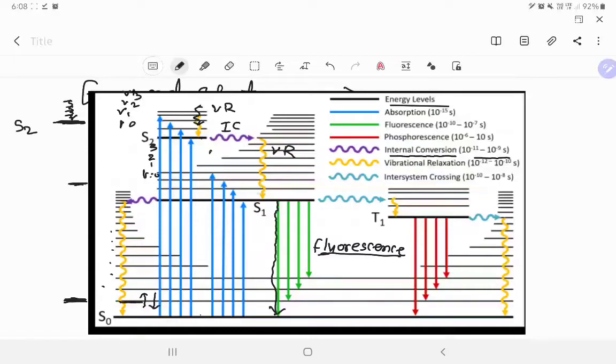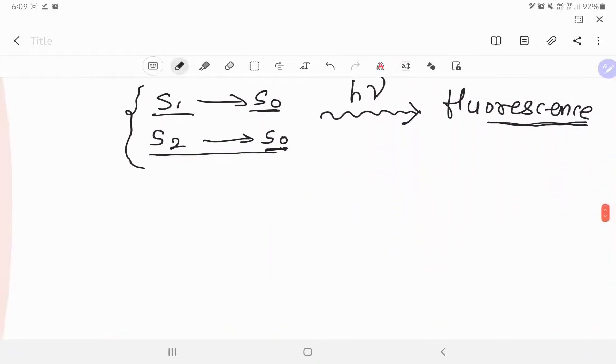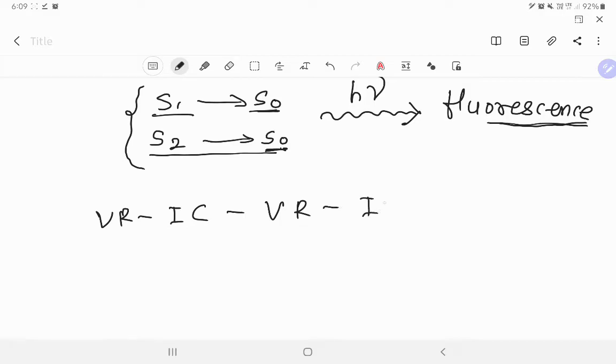It is again vibrational relaxation. Here internal conversion may take place, and again vibrational relaxation comes to the ground state. This can happen: continuous vibrational relaxation, internal conversion, vibrational relaxation, internal conversion, vibrational relaxation.